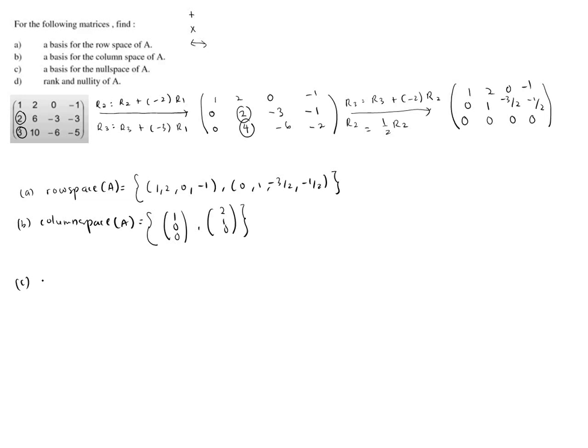C is for null space. Okay, null space of A. Kita ambil semula kita punya matrix: 1, 2, 0, negative 1; 0, 1, negative 3 over 2, negative 1 over 2; and 0, 0, 0, 0.